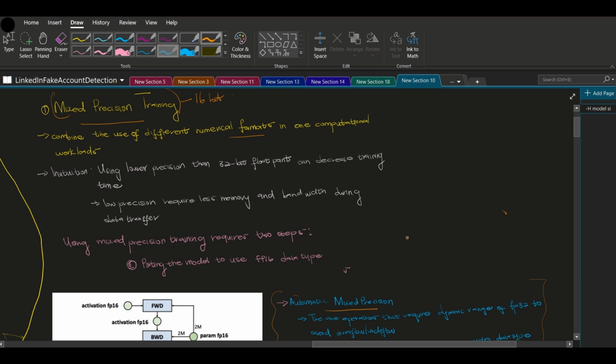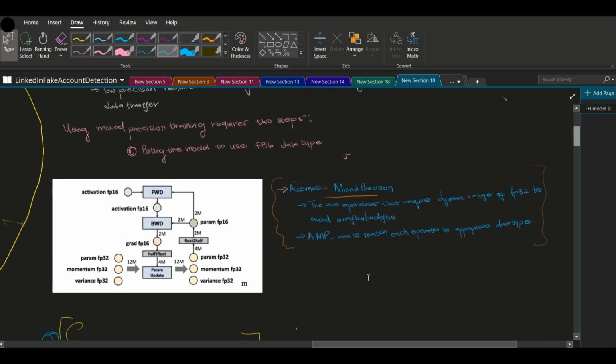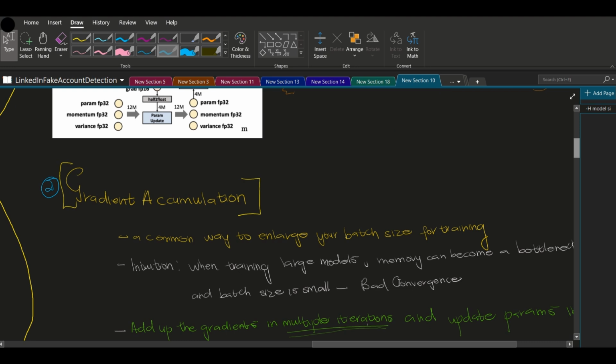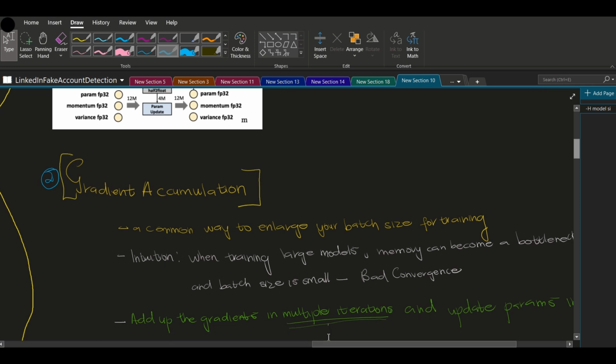We're going to look at another technique, let me scroll down, which is gradient accumulation. You can think of it this way when we're training: because we're now distributing these models, we have to select a small batch at some point so that we don't face the memory bottleneck, right? But because of that, we get bad convergence since we have a small batch size.